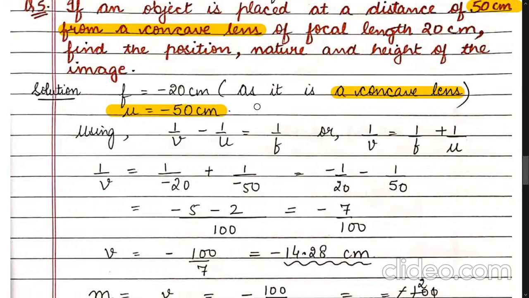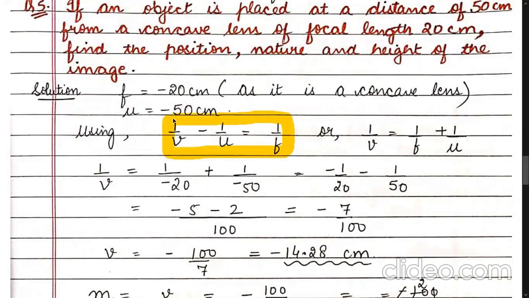negative. Very good. So now further let us use the lens formula, and 1 by v minus 1 by u is equal to 1 by f. So we have to find v from this situation, which will be calculated as 1 by minus 20 plus 1 by minus 50.